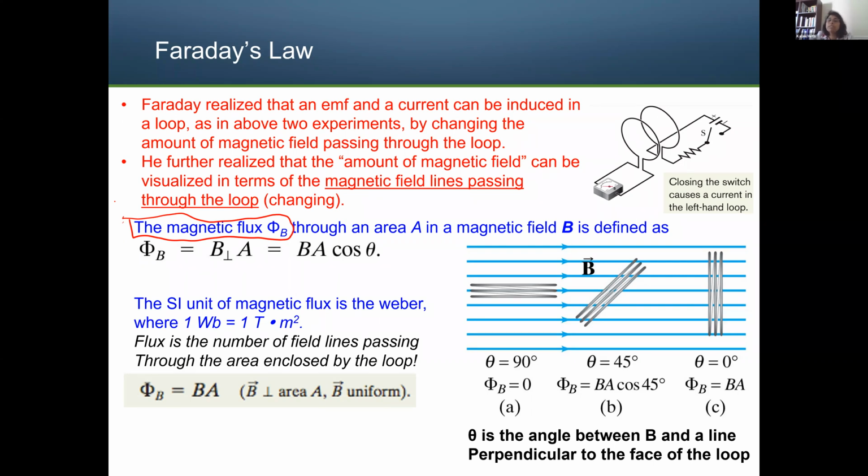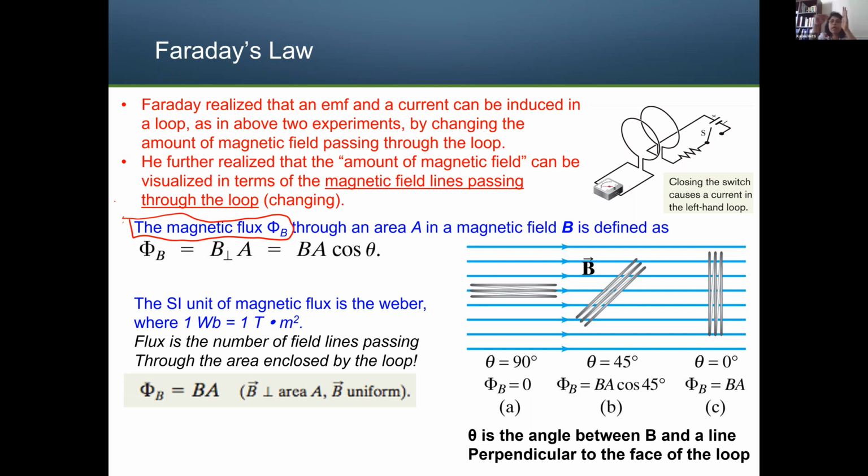So that's something that changes in the experiment. The two experiments that Faraday did earlier are actually a change in B, a change in A, or a change in angle, right? By bringing the magnet closer to your coil, you are probably changing your angle, probably changing the cross-sectional area, probably changing the magnetic field.